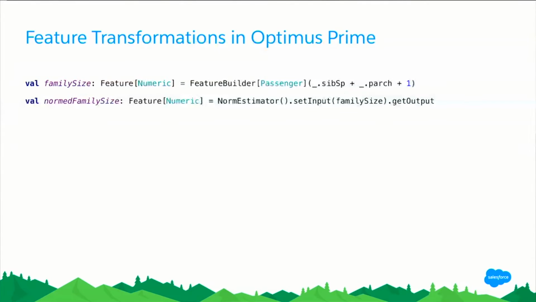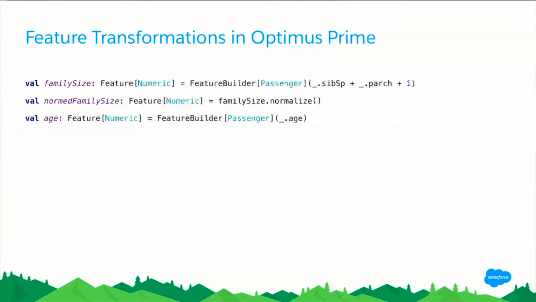And so I can shorten this to family size.normalize. And similarly, if I had a feature such as the age, another numeric feature, I could have another feature that was the age times the family size that I would define with this very nice, simple, intuitive declarative syntax.